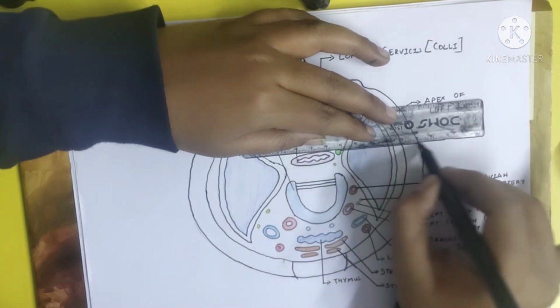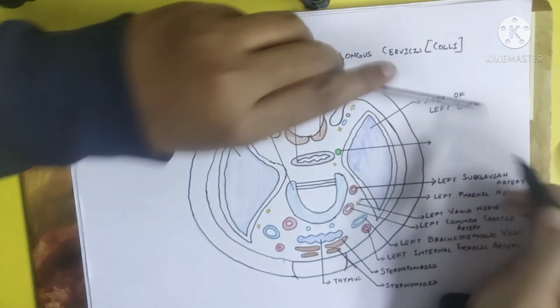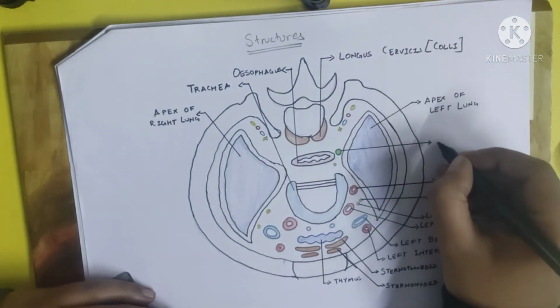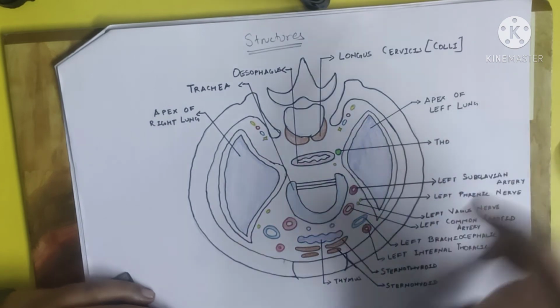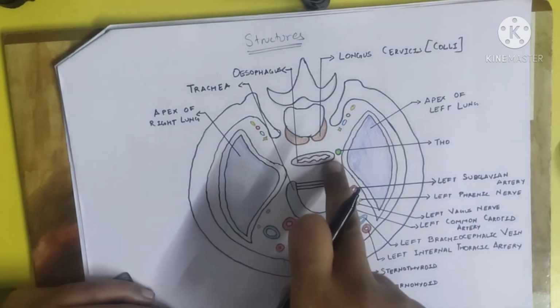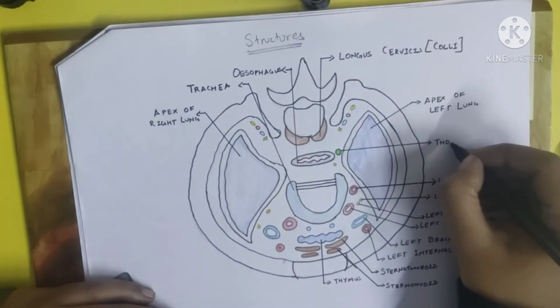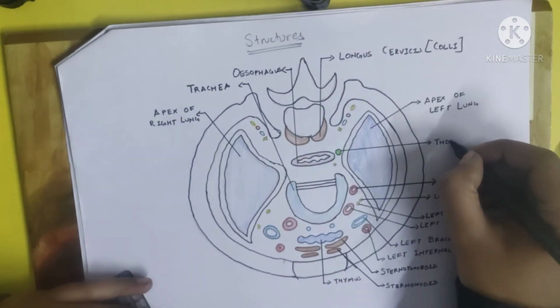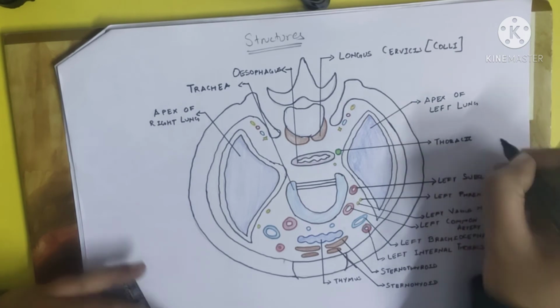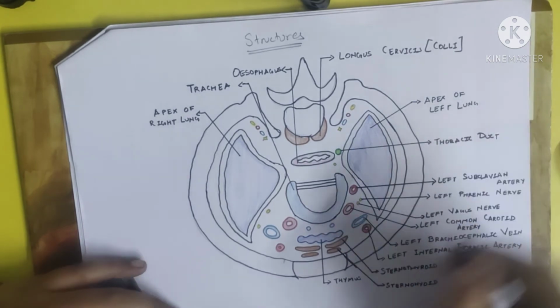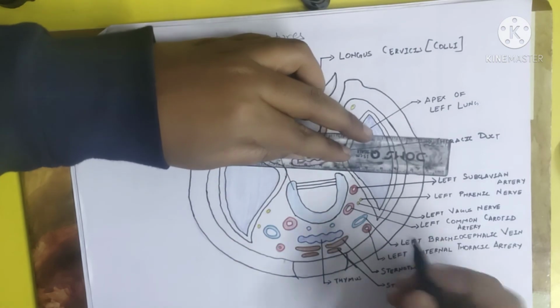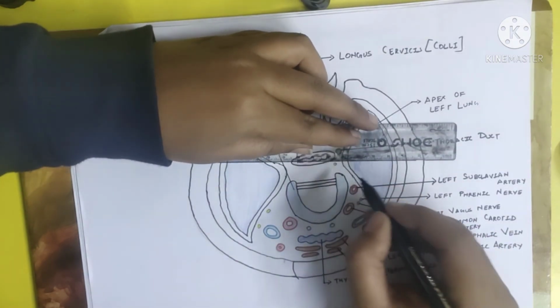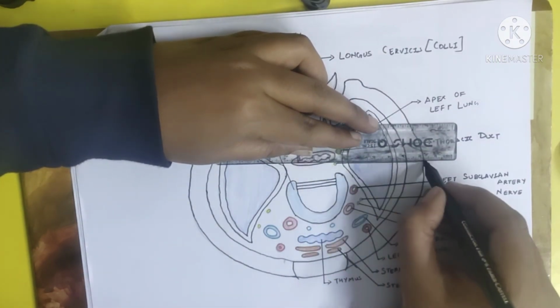Here, this one is your thoracic duct. The two structures beside your esophagus on the left side, one of them is a bigger circle which is in the posterior end. This will be your thoracic duct, and this smaller yellow structure is again a nerve.